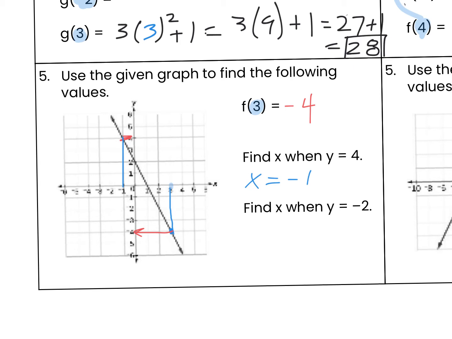One more time, if I look at when y equals -2, I go over here, then I look up and I notice that it's at 2. So x equals 2 when y equals -2.